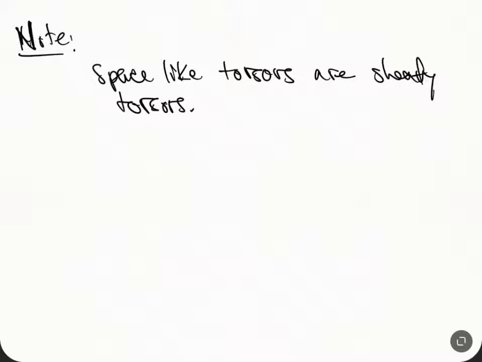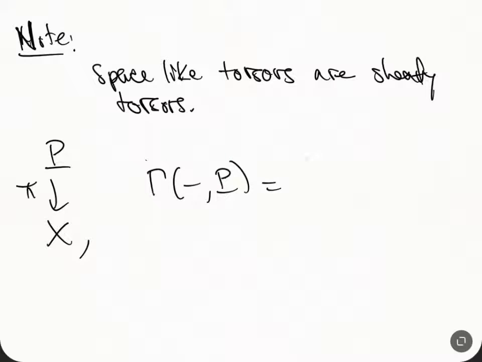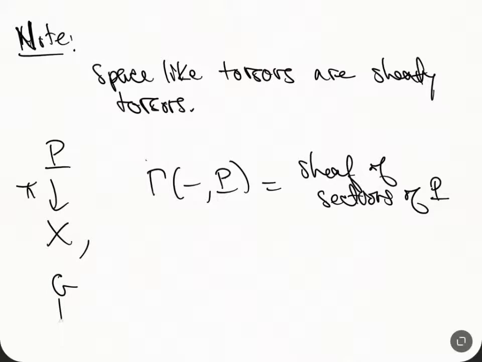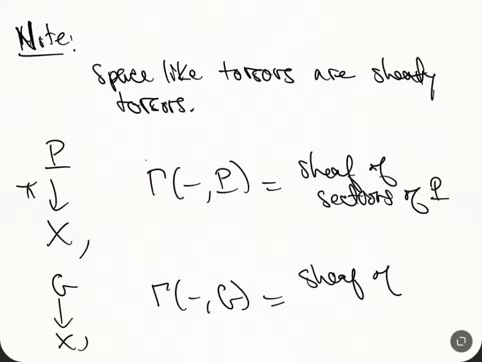Okay, and so if you have one of these guys, then this is the sheaf of sections of P. And you're also, I guess, given this guy here, of sections of G. So this is how you go between the two.